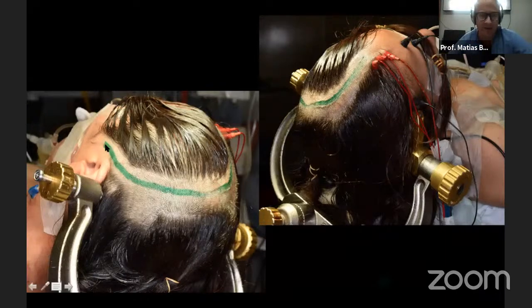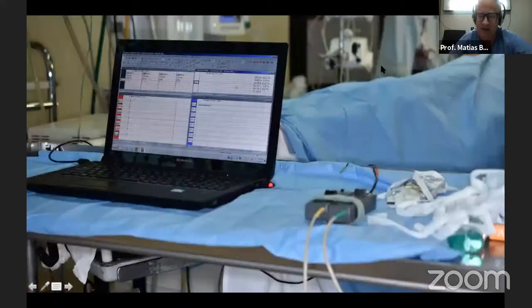We performed a standard frontotemporal craniotomy with a slight extension posteriorly, as we can observe in the skin incision, with neurophysiological monitoring during the whole surgery in order to perform the mapping of the cortical and subcortical function, especially of the motor function, of course.